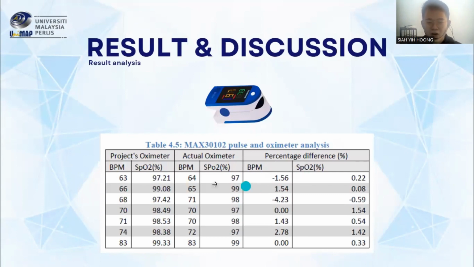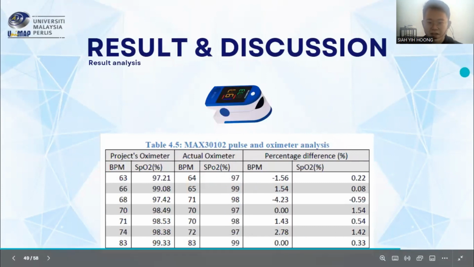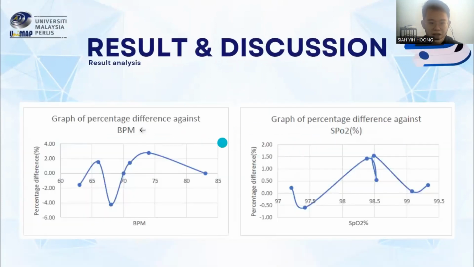For the MAX30102 pulse oximeter analysis, it is compared with an actual pulse oximeter that is available on the market. So this is the percentage difference. We can observe that the percentage difference for the pulse and oxygen levels has irregular graph patterns.